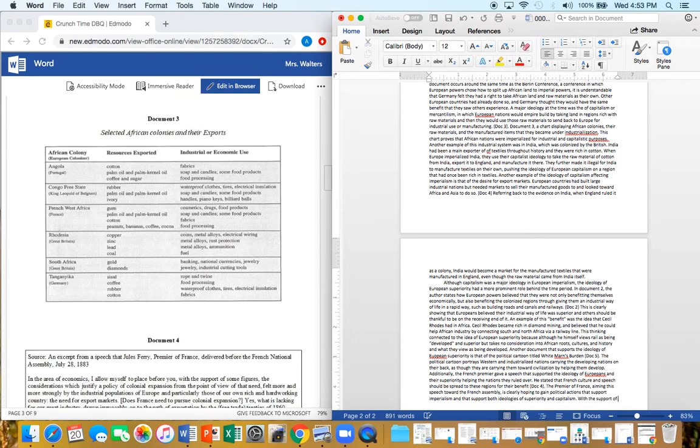With the support of the French Assembly, the Premier would be able to put more focus on imperialism.